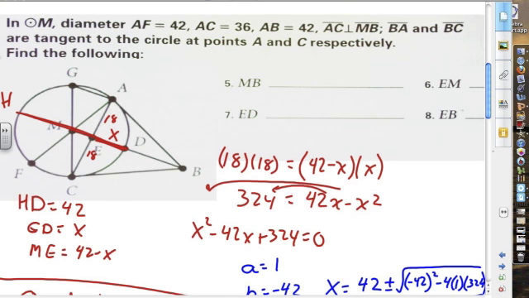Now let's see, if I go back to my figure, this value here could be 10.185, or it could be 31.815.